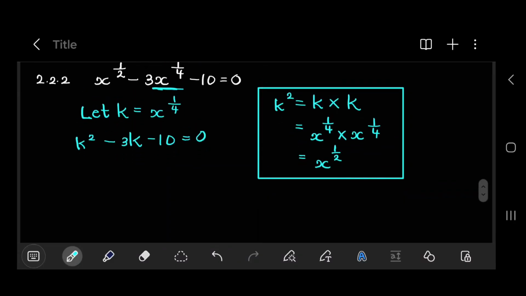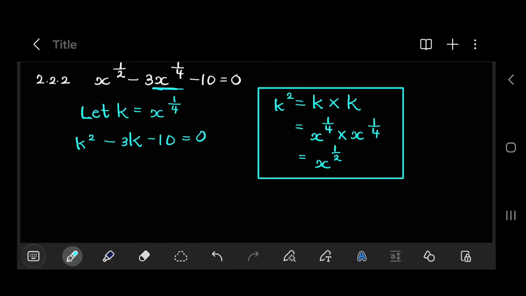Also, what is the purpose of the K method? So the K method is used to convert trinomials into standard quadratic format. Here we have a trinomial, but we cannot call it a quadratic trinomial, because a quadratic trinomial has to be of the form ax squared plus bx plus c.